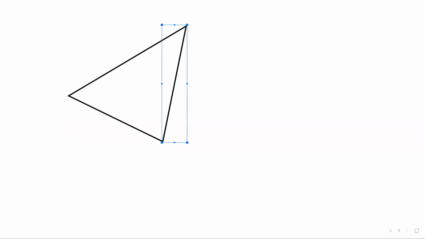So obviously it's a non-right angle triangle. Let's say that this angle here is 54 degrees, and this side is 100 km, and this side is 80 km.